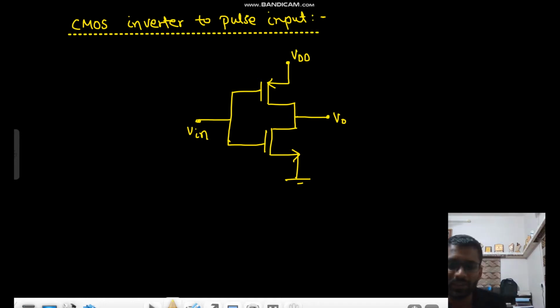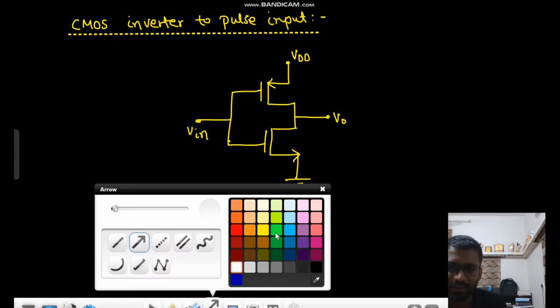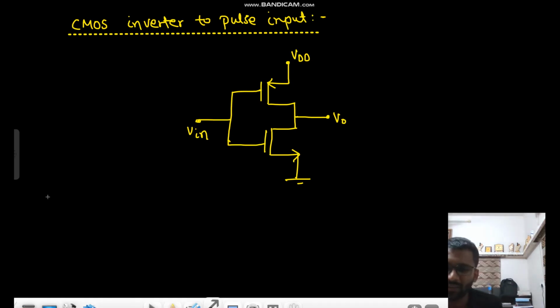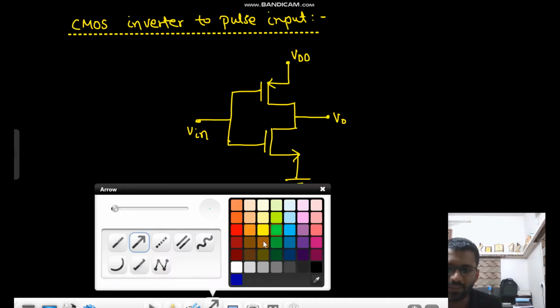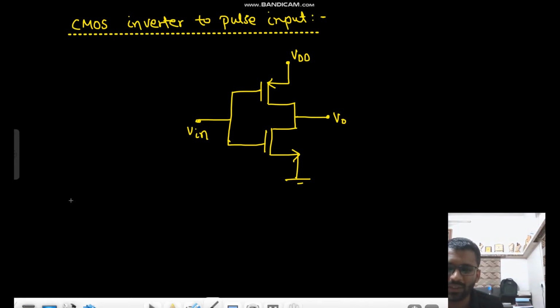Now the input is a pulse, right? So we will make a pulse input.